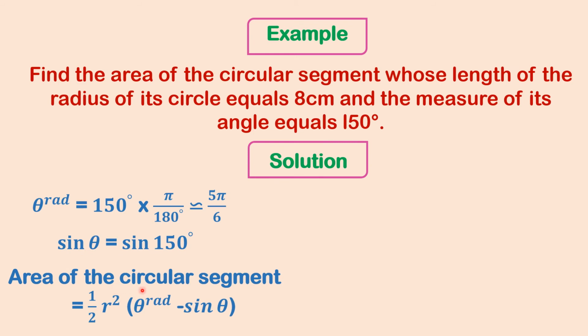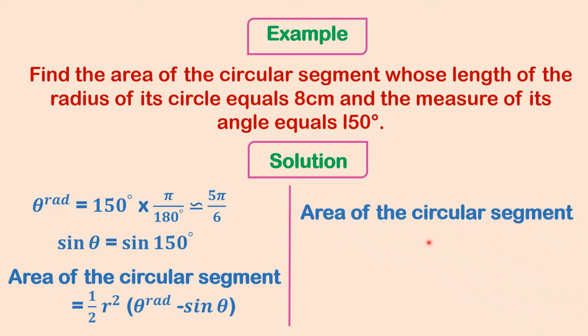So the area of circular segment equals half r power 2 times theta rad minus sine theta.